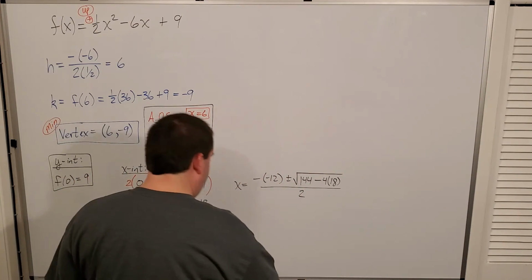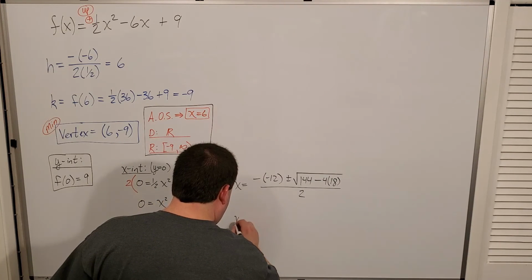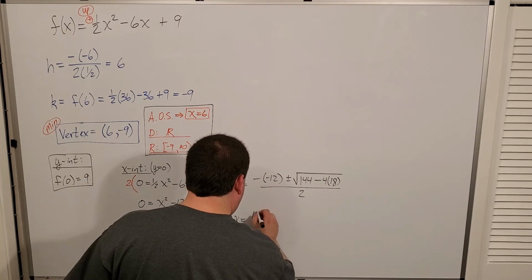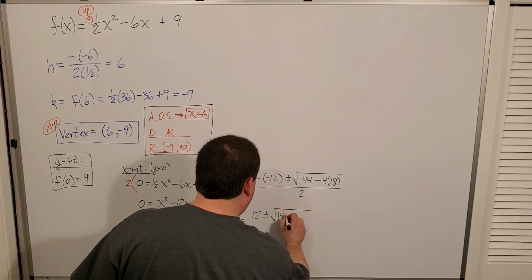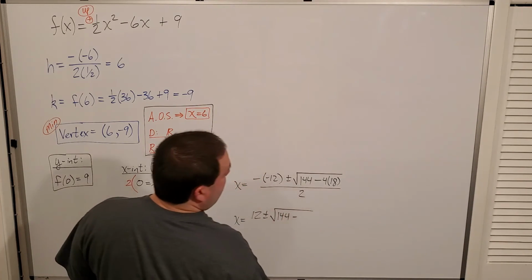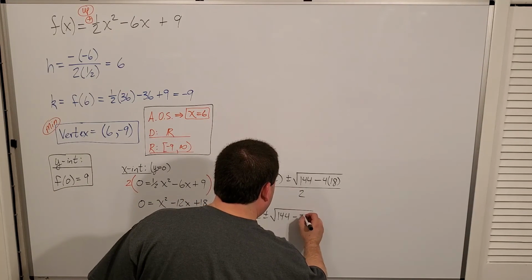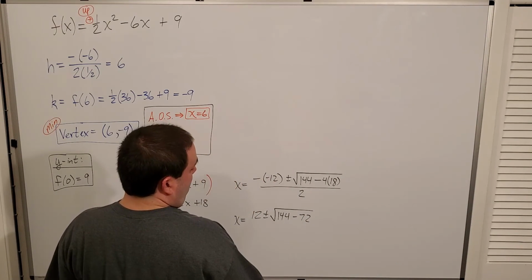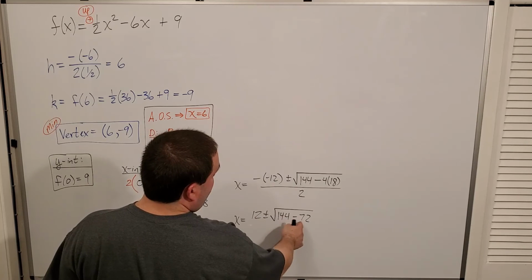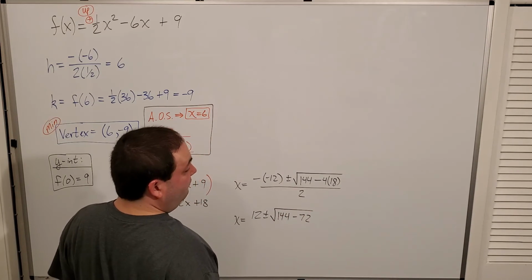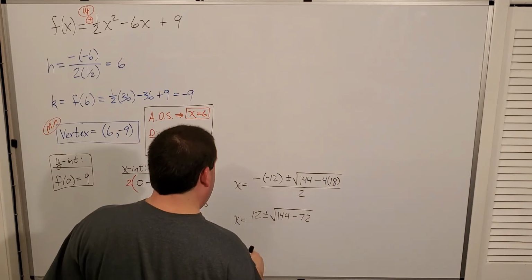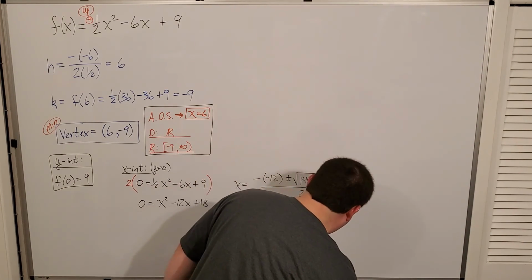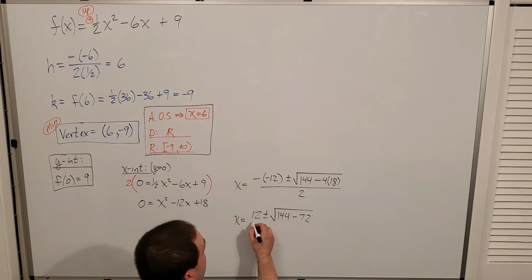Okie dokie. So then x is going to be equal to 12 plus or minus the square root of 144 minus 72. That's ironic, right? 72 happens to be half of 144. Yeah, because of the 4 and the 9 that are square numbers there. Over 2.